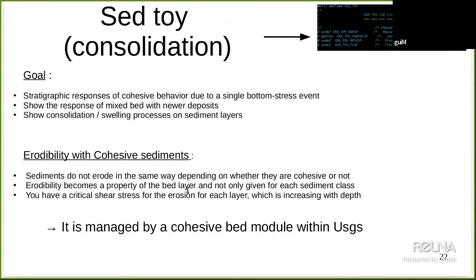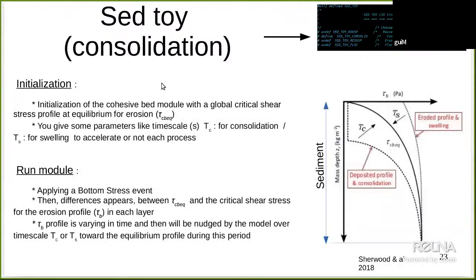So you have a critical shear stress for erosion for each layer in the bed of sediment, which is increasing with depth. And to model this, it is implemented within USGS using a cohesive bed module. So a little bit complicated, and Rachid already talked about this, but okay.